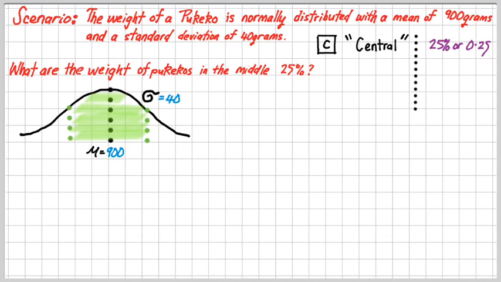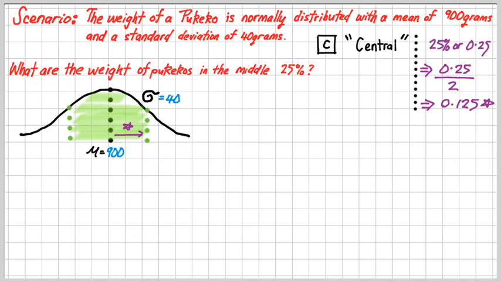This time we need to play around a bit with our percentages. We're looking at the middle 25%, or 0.25. But first I want to divide that number by 2. So I get 0.125, or 12.5%.